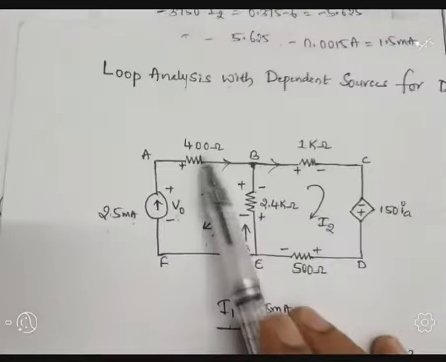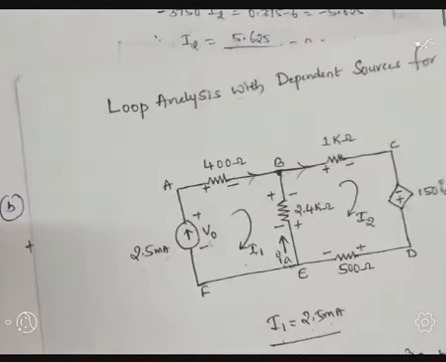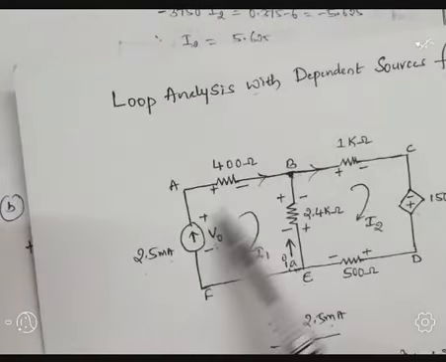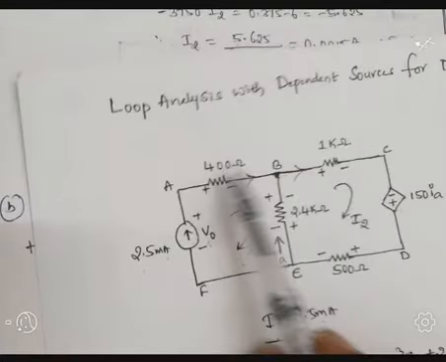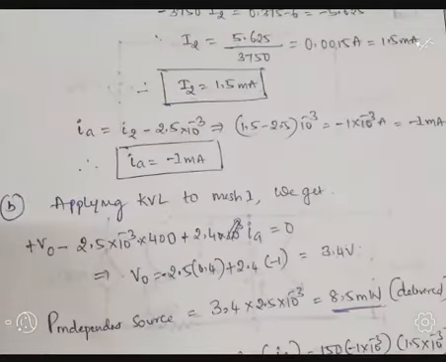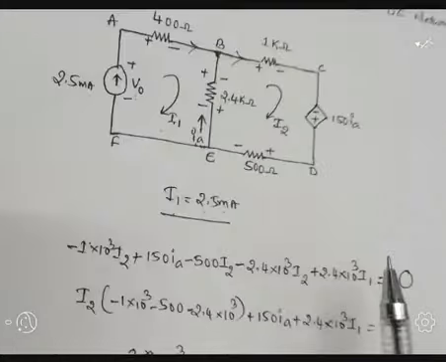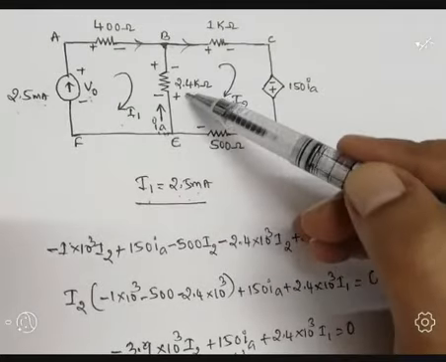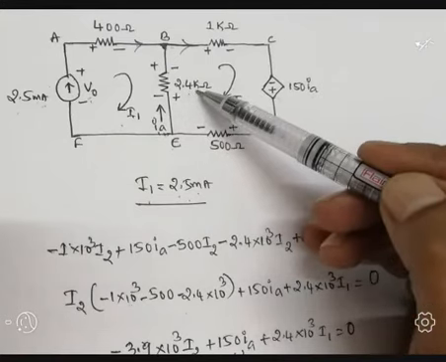Sorry, 400, because this current is flowing in this direction. Minus polarity, minus 2.5 milliamperes multiplied by 400. Then the next one is 2.4 kilo ohm multiplied by IA.